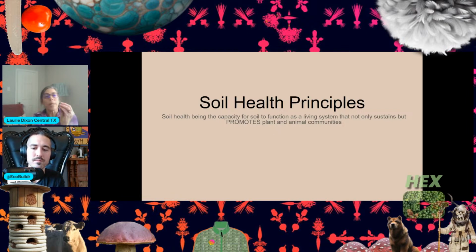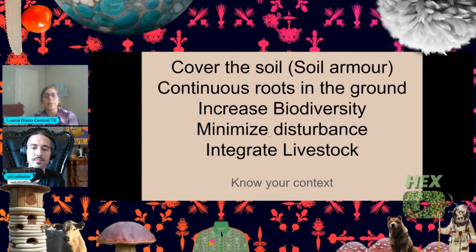It has these symbiotic relationships with the plants. Generally the principles are cover the soil, often called soil armor, continuous roots in the ground, increase biodiversity, minimize disturbance, integrate livestock. I love that some add this: know your context. And actually that should be number one.